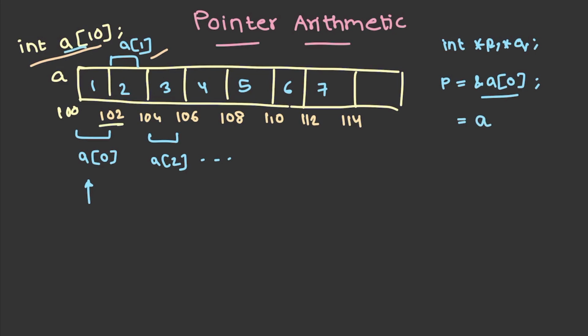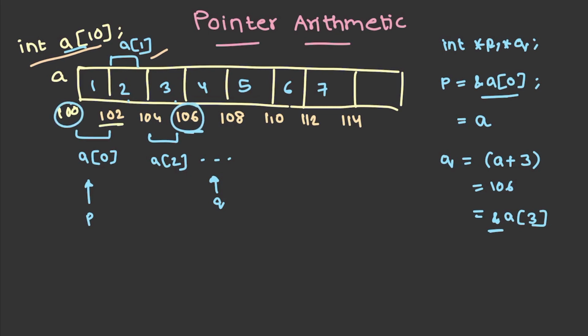Now I want Q to be pointing to, let's say, this location 106. So I can write Q is equal to A plus 3, which will be 106, or I can even write it with the help of the address of its index by using an ampersand. Now P is pointing to this location and Q is pointing to this location.